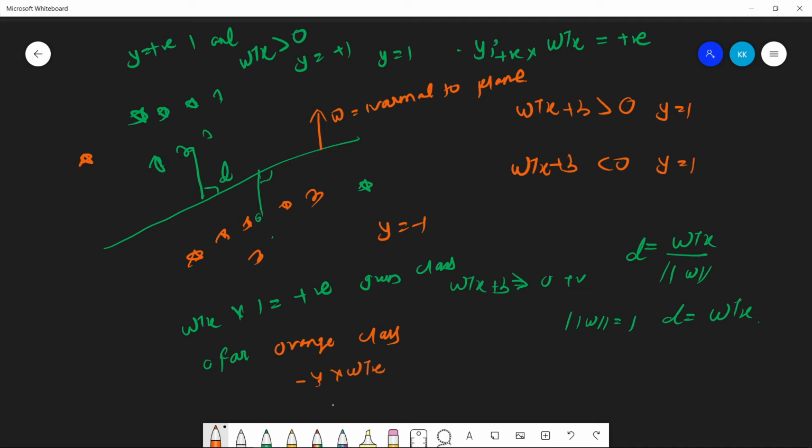So my y value is going to be minus 1 into omega transpose x, which is negative. So minus 1 into a negative value, it can be anything, so minus a negative value is going to be positive.